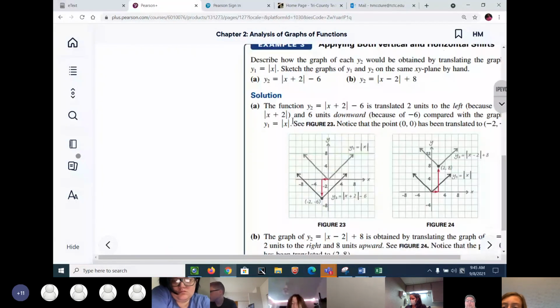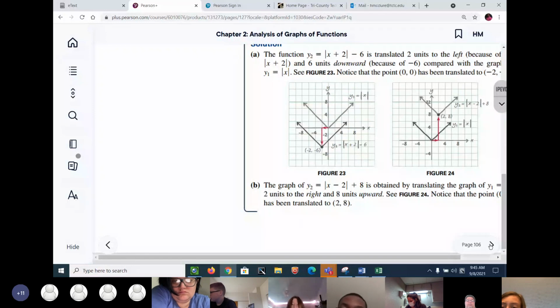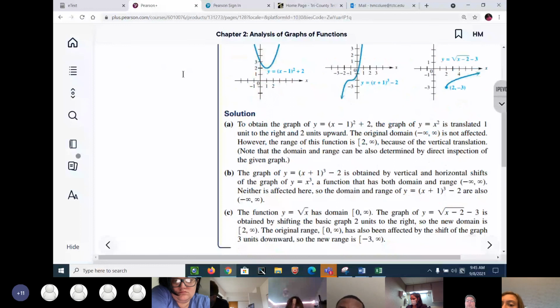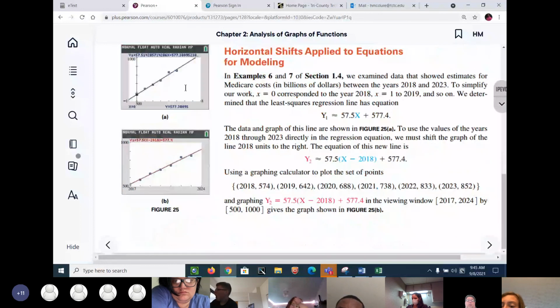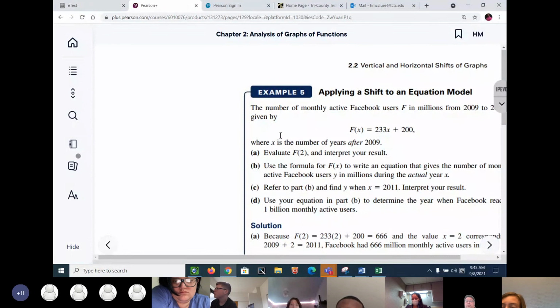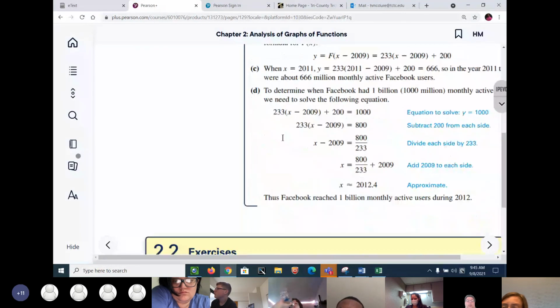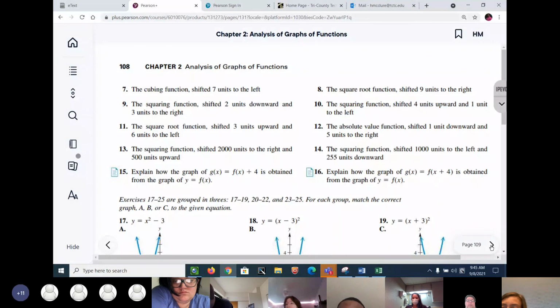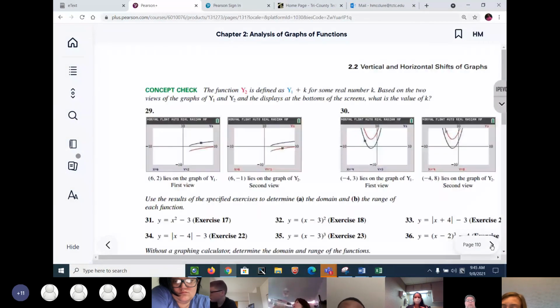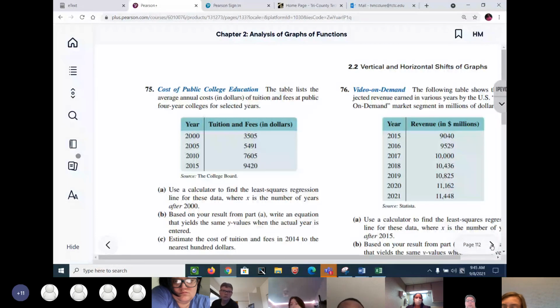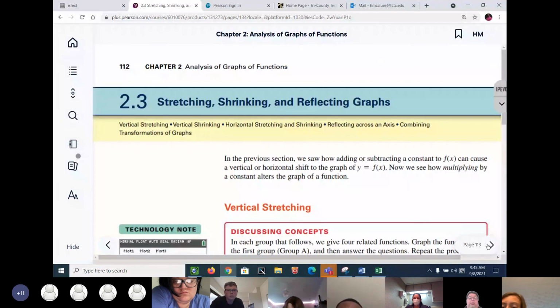We're showing you more vertical and horizontal shifts. That's 2.2. Then 2.3. Stretching, shrinking, and reflecting.